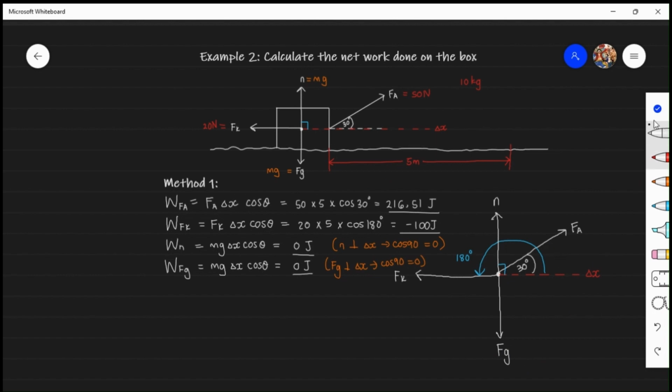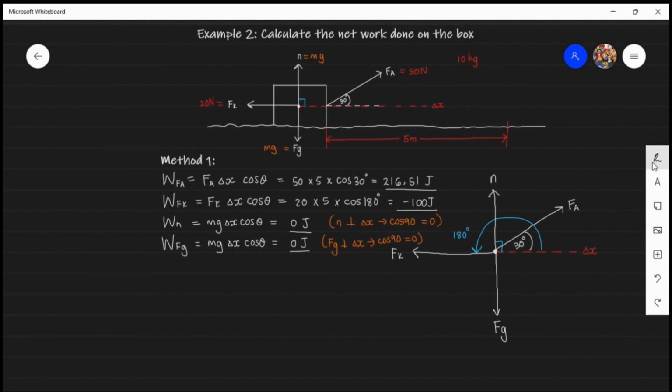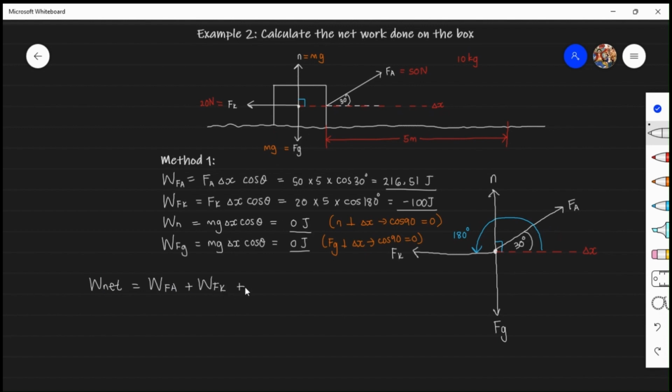Now, we needed to calculate the net work done. Because we're using the first method, all we are going to do is add up all of the individual works that were previously calculated. Let's substitute them in. I'm going to leave out the two zeros because we know 0 is nothing, so it would be pointless to put it in.